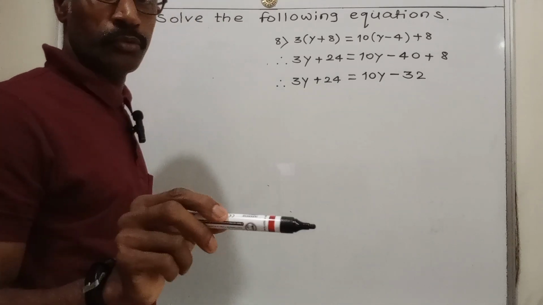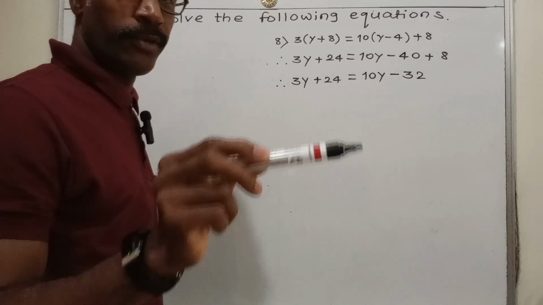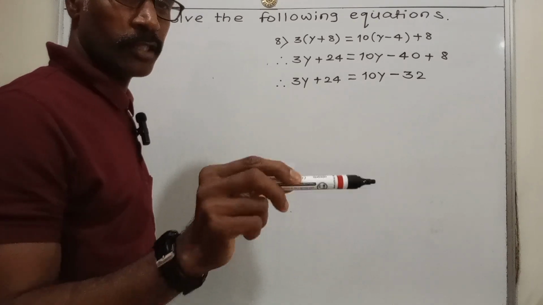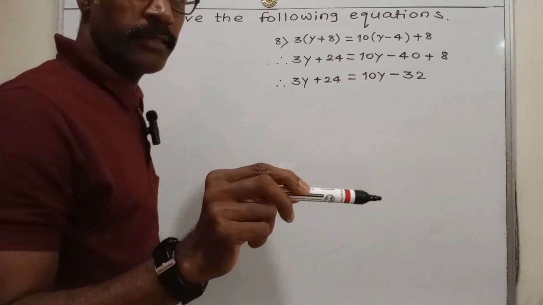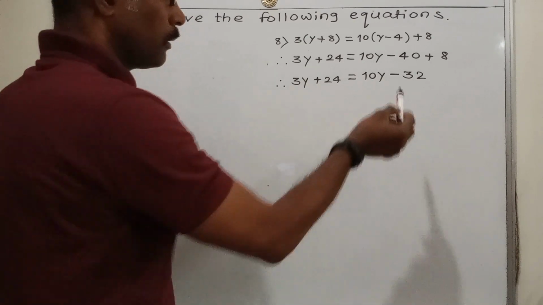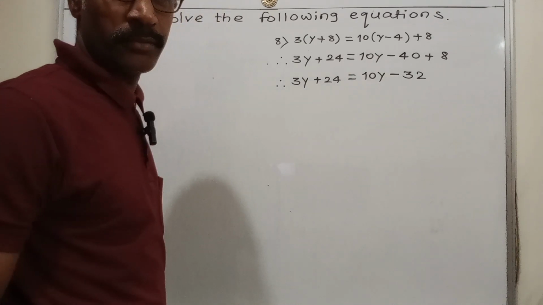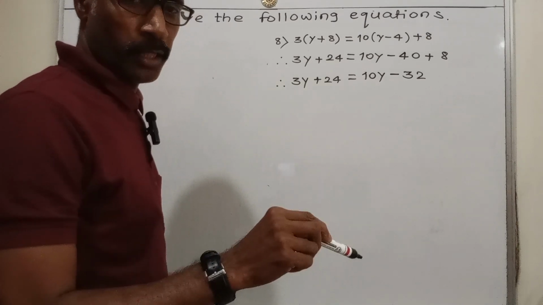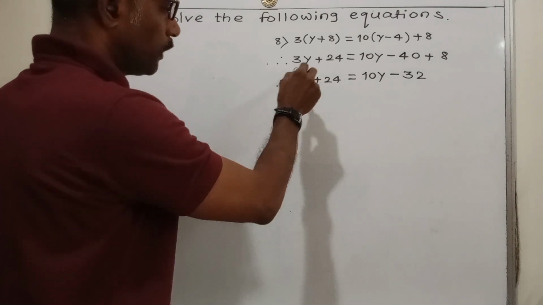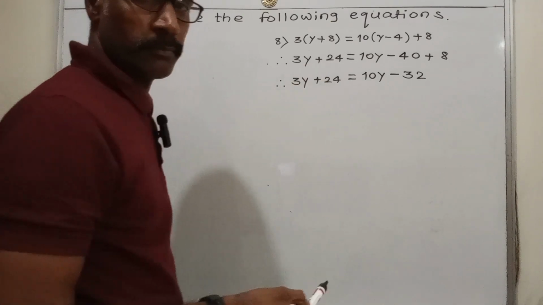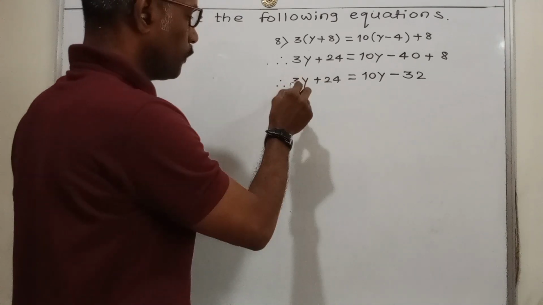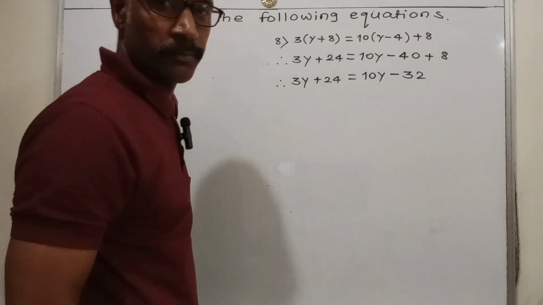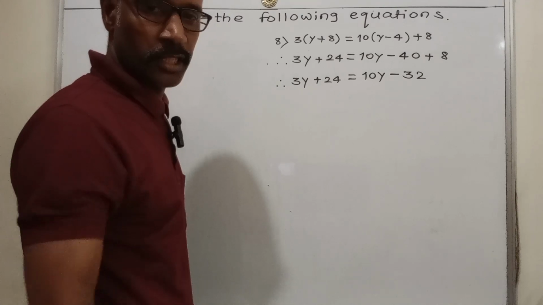I have told you, when variable is along with coefficients, then select the bigger coefficient with variable and bring the smaller coefficient with variable near the bigger. Then what is the next step?